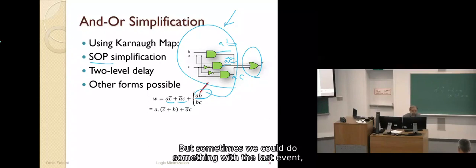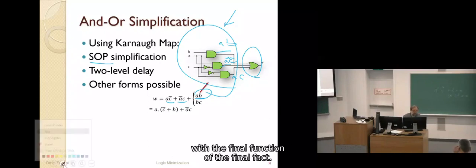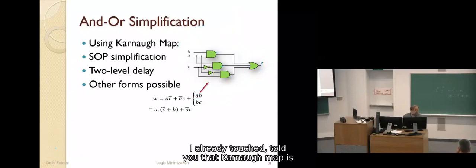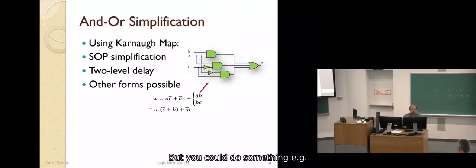But sometimes we could do something even with the final function. I already told you that Carnot map is going to be the most simplified version. But what I meant is the most simplified in terms of SOP. But you could do something. For example, here you see AC naught and AB.